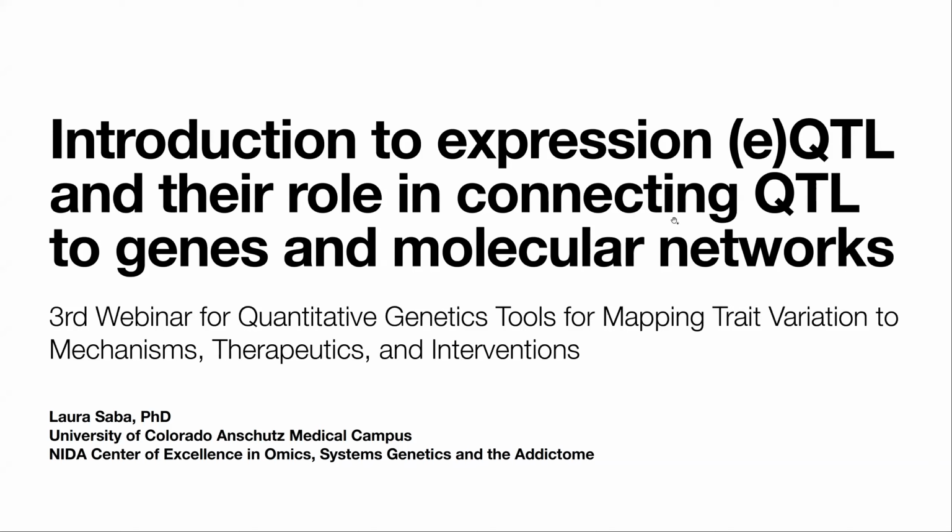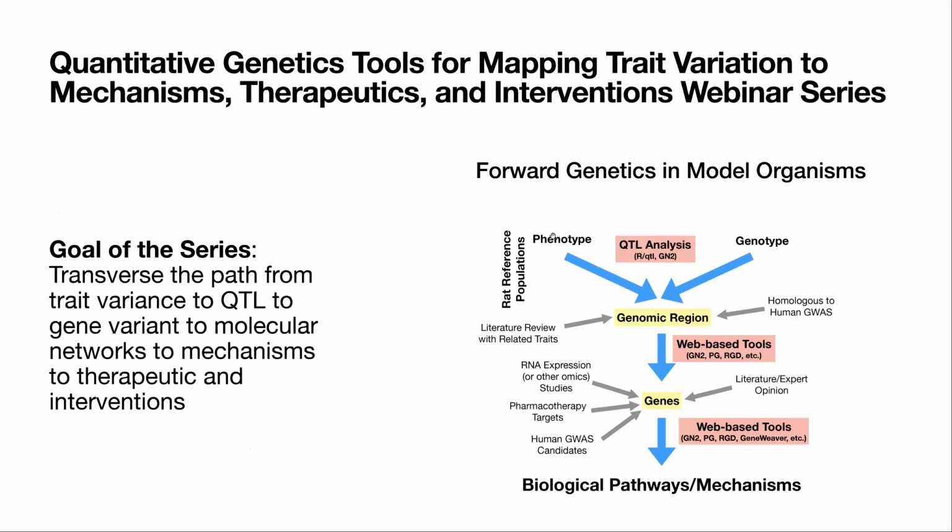I'm Laura Saba. I'm at the University of Colorado, and I'm co-director of the NIDA Center for Omics Systems Genetics and the Dome, and I'm going to be talking today about expression QTL.